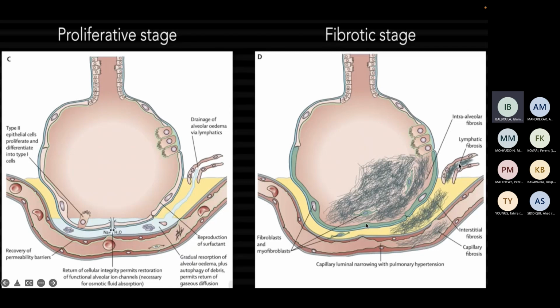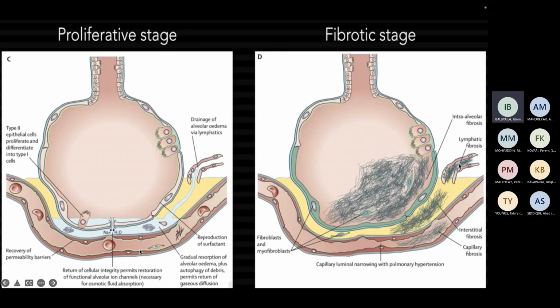Later on, the sequelae would be one of two scenarios. Either a recovery scenario, which is the proliferative stage, or the fibrotic stage. In the proliferative stage, all types of cells proliferate again.